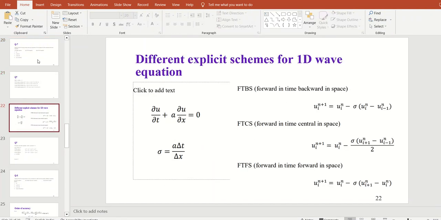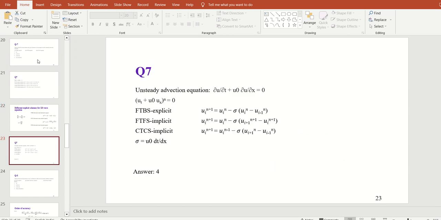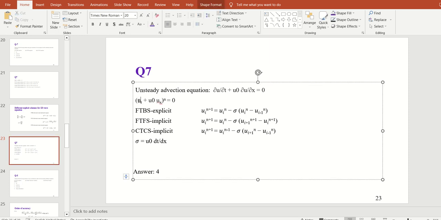So basically these were the things that we were putting, and we can see that the unsteady advection equation is given by this, where we have already mentioned this. Same as that problem, but rather we should be using f rather than u and constant as a, so that it would be remaining uniform.